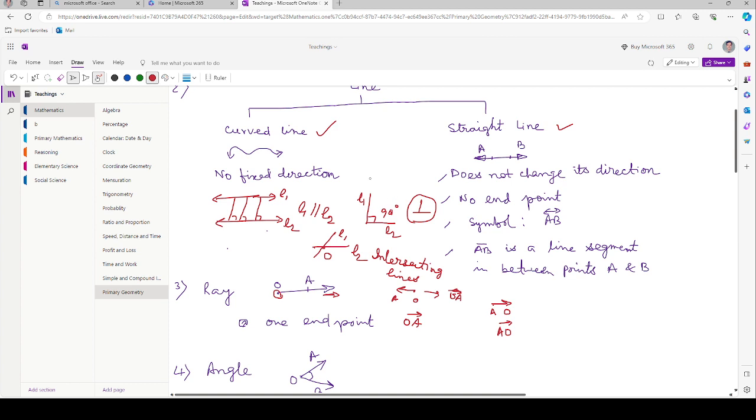This is perpendicular lines, and this is parallel lines.